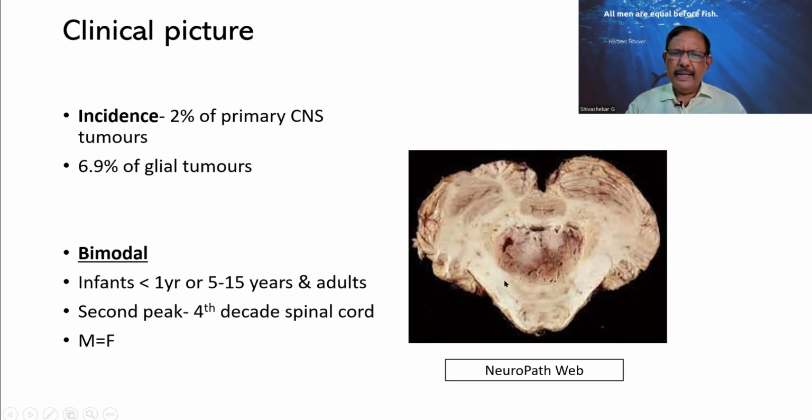The brain parenchyma is relatively or grossly unaffected. There is a bimodal population affected by it. Infants less than 1 year of age, or it can extend up to 5 to 15 years, and young adults. The second one can be the fourth decade, and this particularly occurs in the spinal.